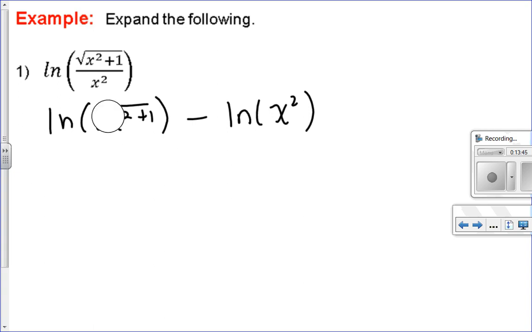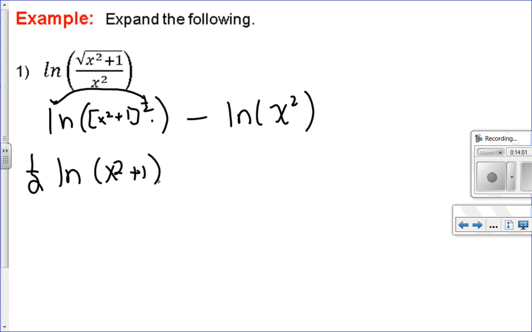Instead of square root of x squared plus 1, I'm going to write this as x squared plus 1 to the 1/2, because then you can see that the half comes down. So I can write this as 1/2 natural log of x squared plus 1, take away, same thing, the 2 comes down, 2 times the natural log of x. And that's as far as we can go, because there is no law to expand arguments that are added, only arguments that are multiplied or divided. So that would be my final answer.